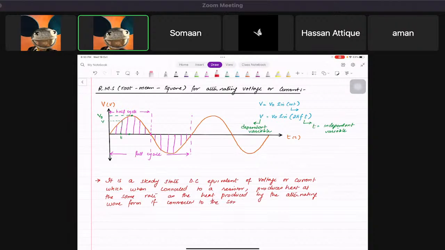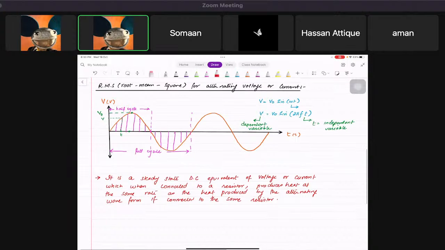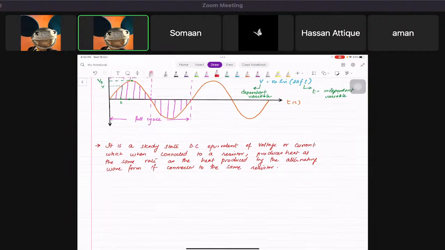Now let me tell you what it basically means. So let's suppose that we have one circuit that we built with voltage that is alternating, and by the way, alternating voltage has a symbol of its own, so let's just draw the symbol instead. The symbol is like a wave.